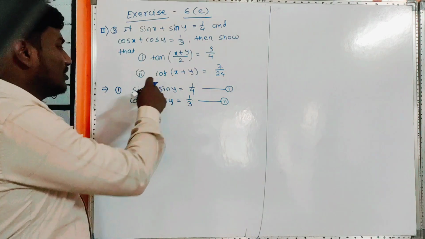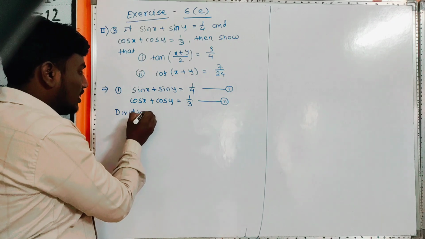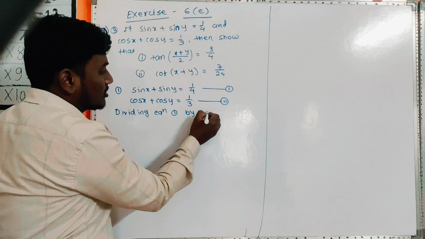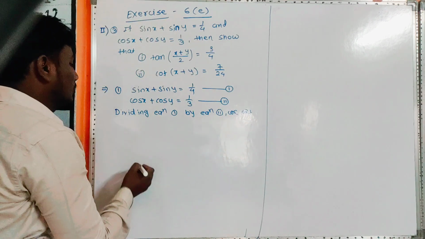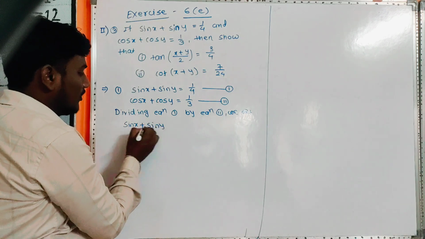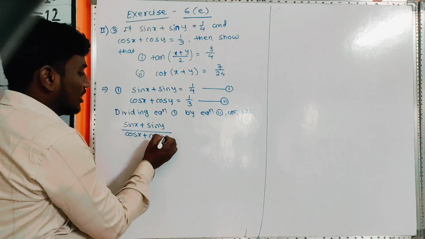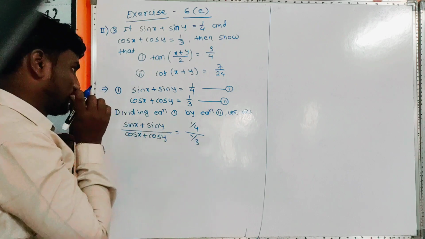Now dividing equation 1 by equation 2, we get (sin x + sin y) divided by (cos x + cos y) is equal to 1/4 divided by 1/3.